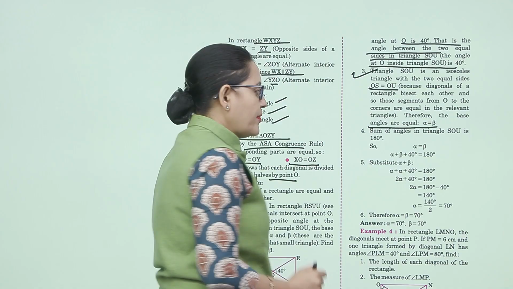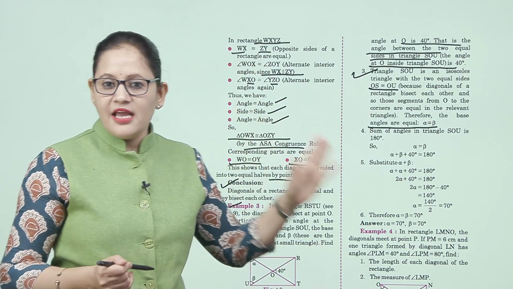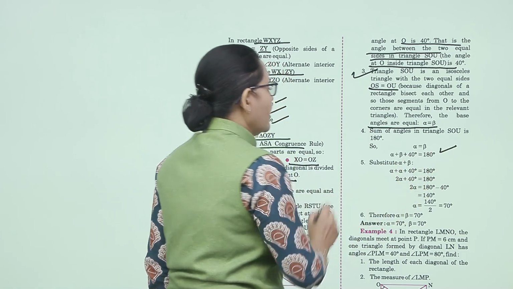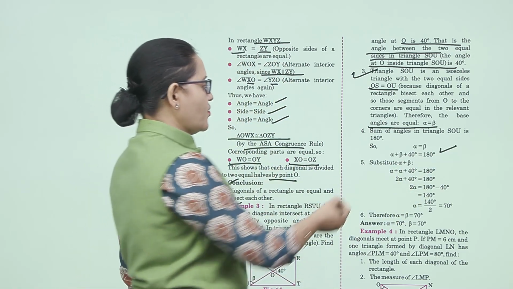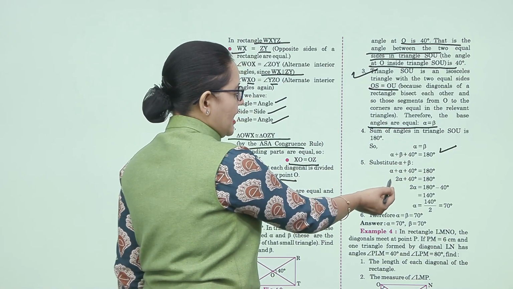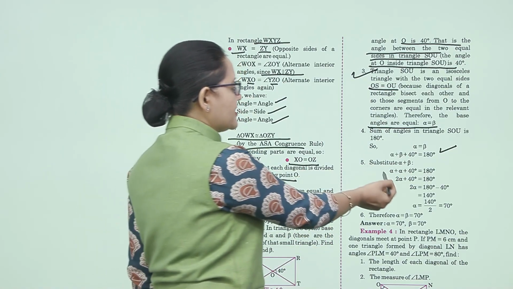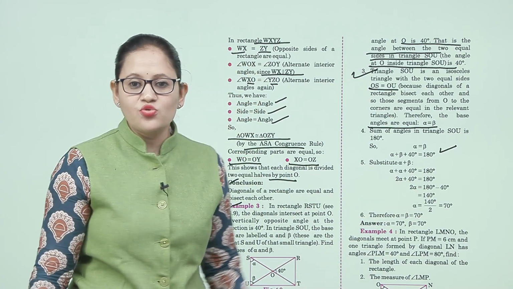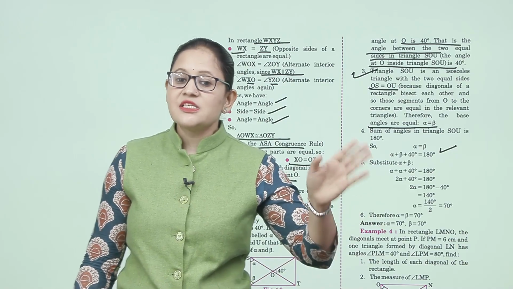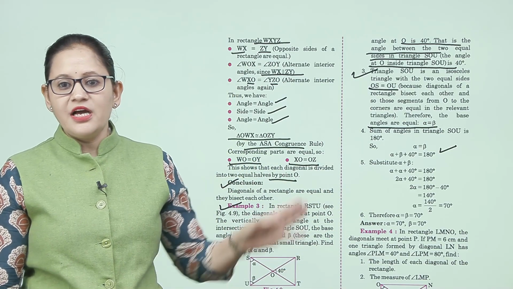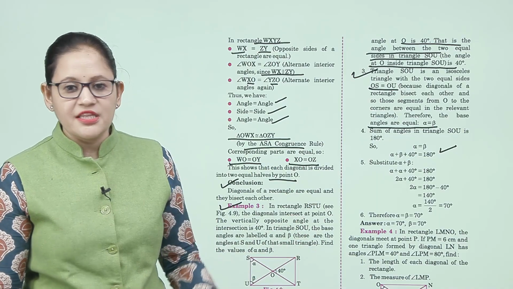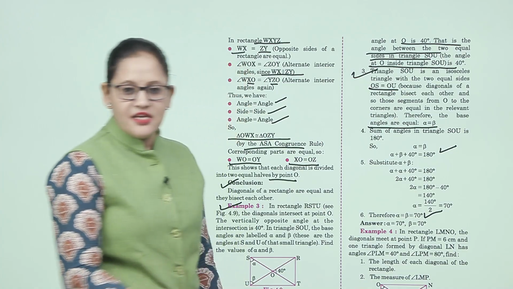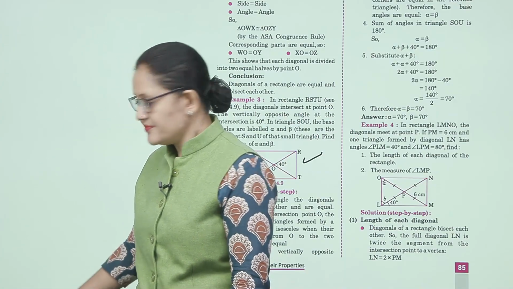From the angle sum property of a triangle, alpha plus beta plus 40 degrees equals 180 degrees. Since alpha and beta are equal, suppose we take each as A. So, A plus A, 2A plus 40 degrees equals 180 degrees. So, 2A equals 180 minus 40, which is 140 degrees. The value of alpha is 140 divided by 2, which is 70 degrees. Therefore, both alpha and beta are 70 degrees. Clear? Practice all the examples.